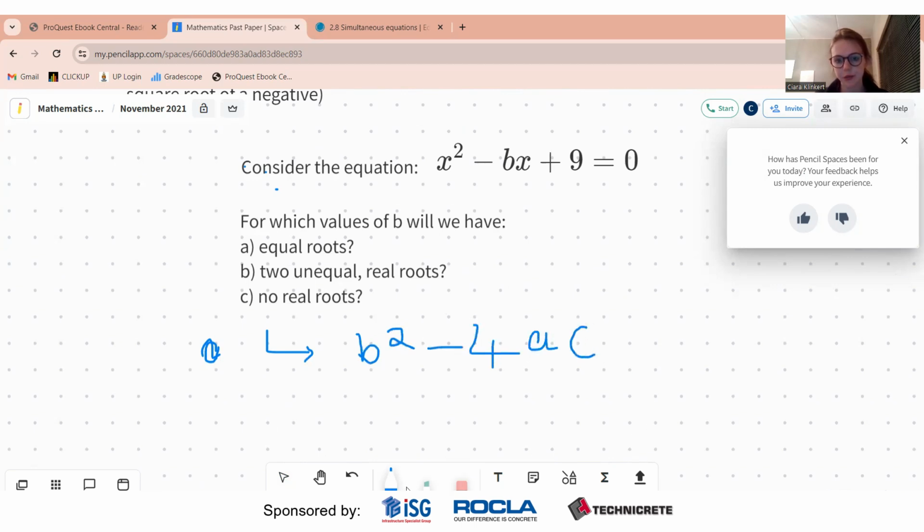That was intentional. a is equal to 1, so I substitute in 1 here, and c is equal to 9. So we see that we have b squared minus 4 times 9, which is 36.